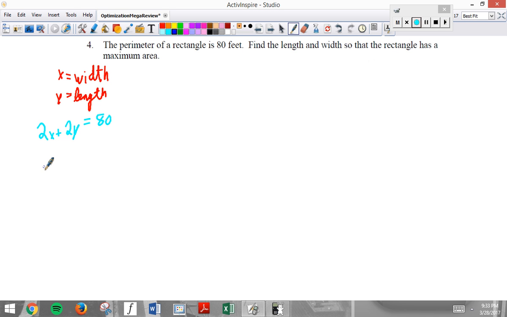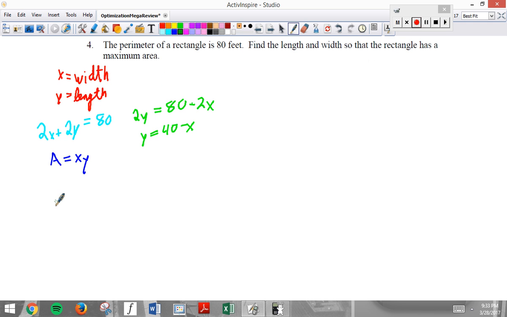And I want to maximize my area, which should be x times y. Both are easy to solve for here. I like x better. 2y equals 80 minus 2x. Y equals 40 minus x.